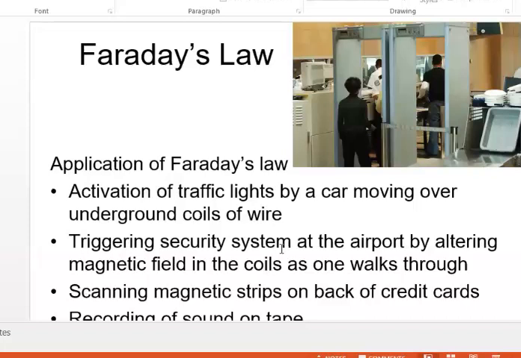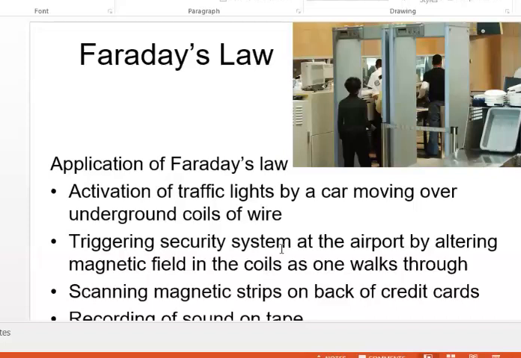Triggering the security system at the airport, as you see at airports or railway stations, works by altering the magnetic field in the coil as one walks through the gate. The gate is fitted with a rectangular coil, and when you enter through that coil, you change the magnetic field, and hence indicators or an alarm get activated.